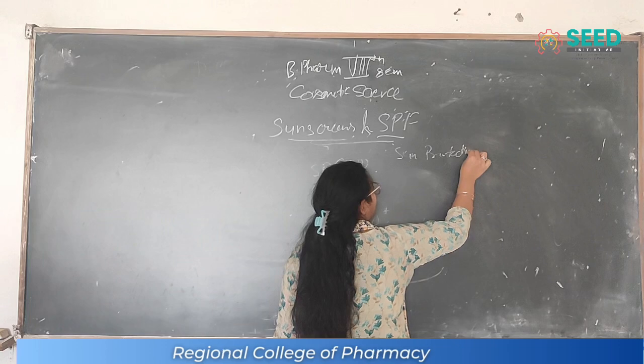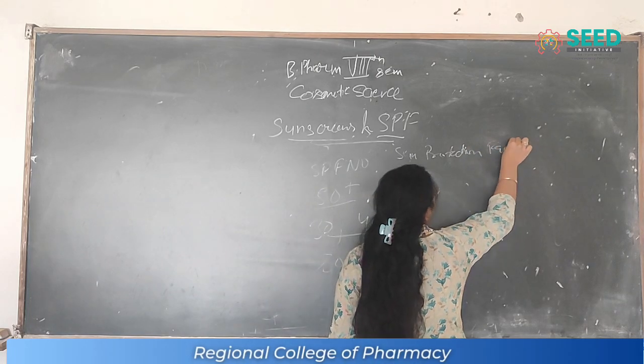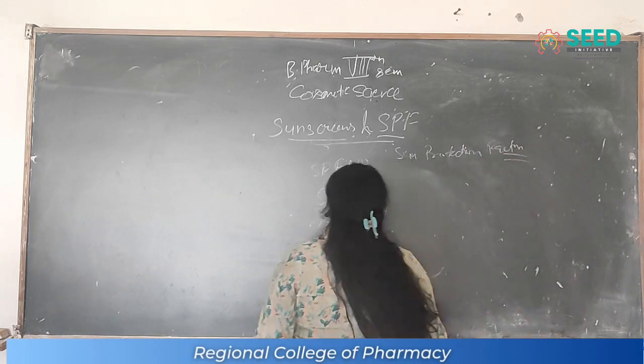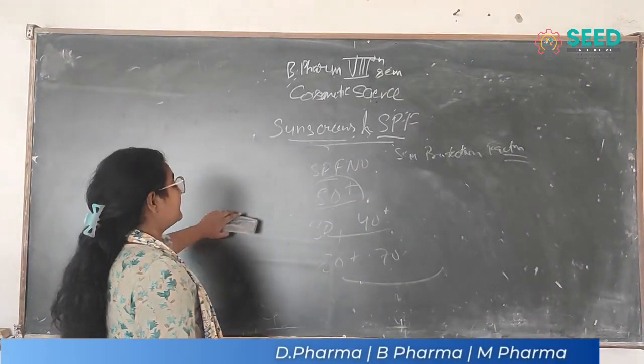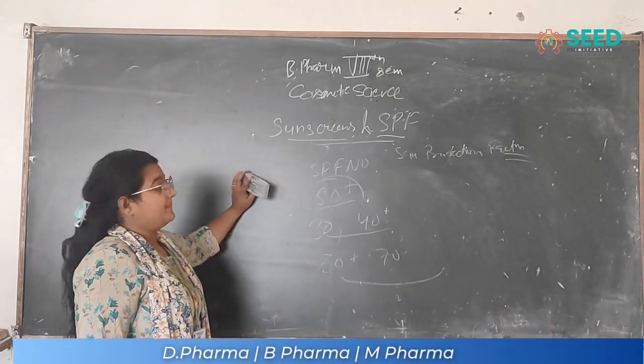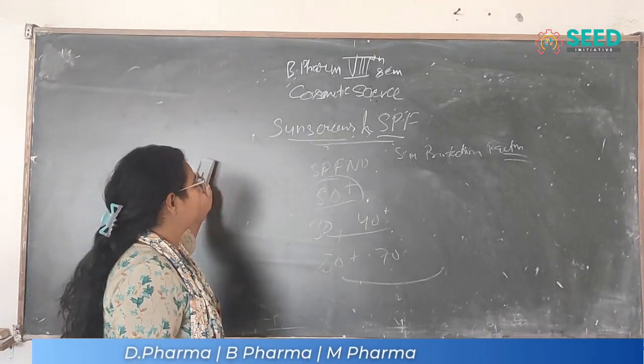So what basically is the sun protection factor, and how do we determine the factor? Say this sunscreen is 50 plus, meaning it has a 50 plus SPF factor.